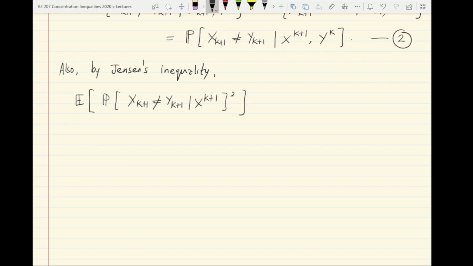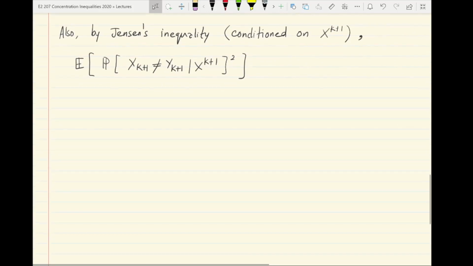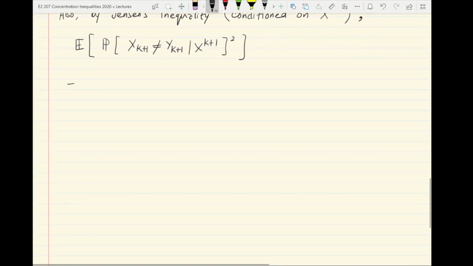So in fact let us write the Jensen inequality in its conditional form, conditioned on xk plus 1. So this is just the same as the expected value. Probability is just expectation of an indicator, so let's write this step by step.